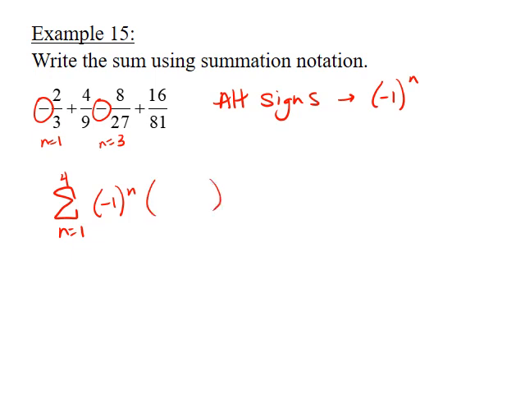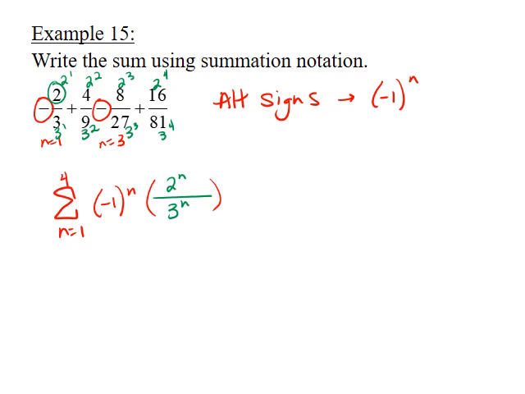So let's just ignore the signs for a moment and see if we can come up with this other piece here. All right, well, notice up here, I have basically 2 to the first, 2 squared, 2 cubed, 2 to the fourth. So this is 2 to the power of n. Whereas on the bottom, I have 3 to the first, 3 squared, 3 cubed, 3 to the fourth. So this is 3 to the power of n.